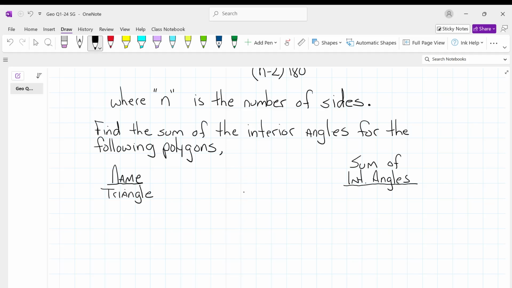And maybe this middle column would be number of sides. So if we got a triangle, it's got 3 sides. So we take 3 minus 2 and we multiply it by 180. All right. 3 minus 2 is 1, and 1 times 180 is 180.